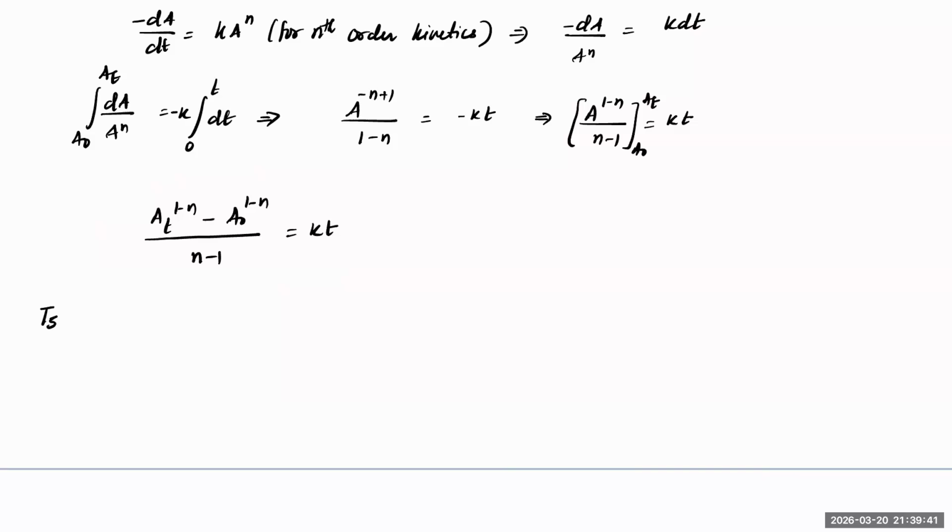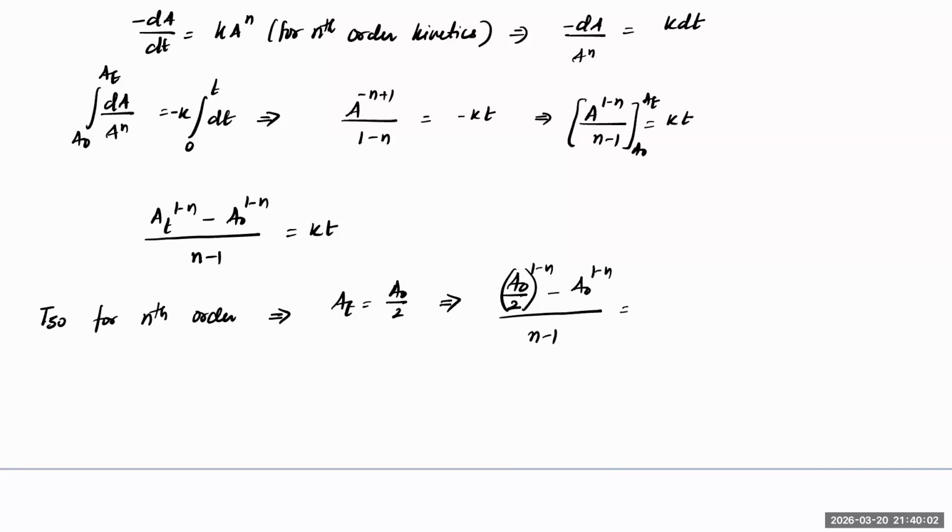Now the T50 for nth order implies AT should be equal to A naught by 2, which implies (A naught by 2) raised to power of 1 minus n minus A naught raised to power of 1 minus n, by n minus 1, is equal to K into T50.